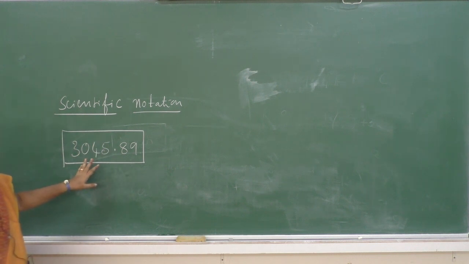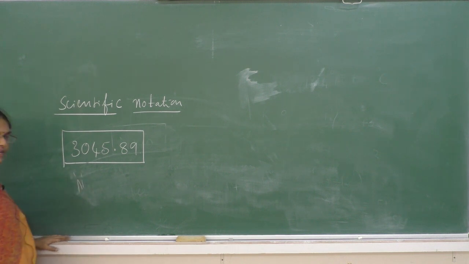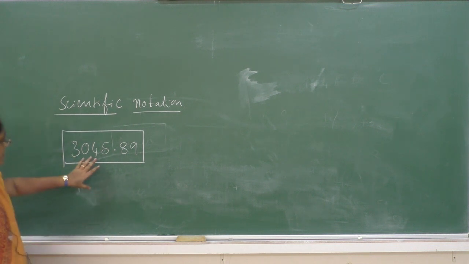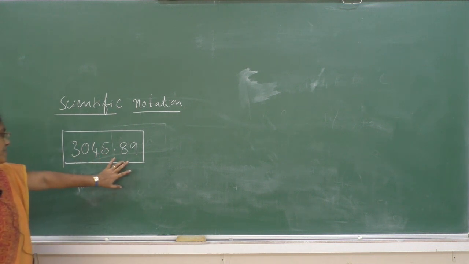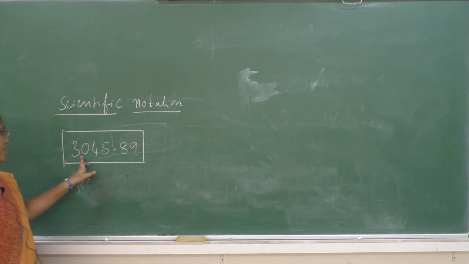So therefore, the capital N value should be between 1 and 10. So in this number, I have to shift the decimal point after 3 digits.